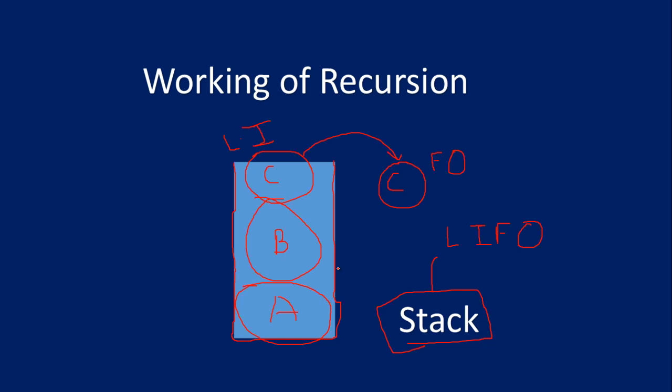Whenever we want to insert an element, we insert it above the topmost element, and whenever we want to remove an element, we remove it from the topmost position. So this is the working of a stack. And in order to implement the concept of recursion, we have to use this stack.